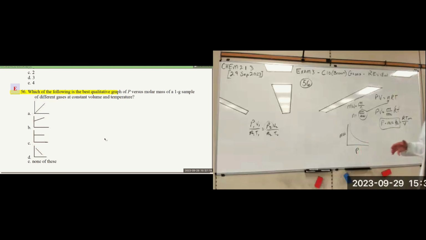Well, it's constant temperature. 1 gram mass is constant. Oh, and pressure is different. Yeah, pressure is allowed to vary. How does it vary with molar mass if these are constant? How would you know the line looks like that? Because that's the way x times y equals a constant is always a hyperbola. It's always that way.